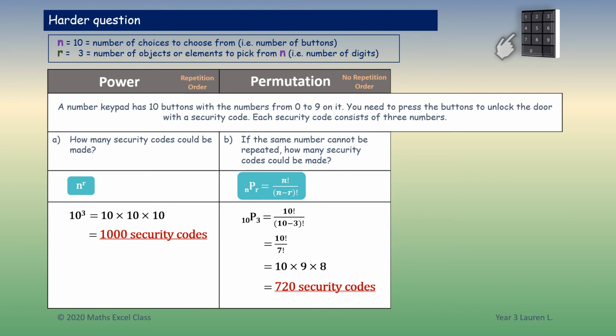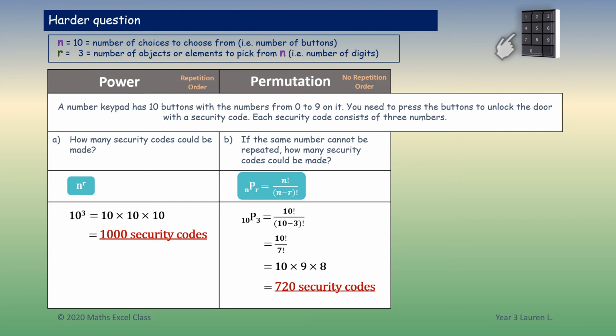If we had written them all out, we could cancel the 7, the 6, the 5, the 4, the 3, the 2, and the 1, with the top and the bottom. So we would be left with 10 times 9 times 8, and that would equal 720. If we were to solve this question using permutation, the answer would be 720.